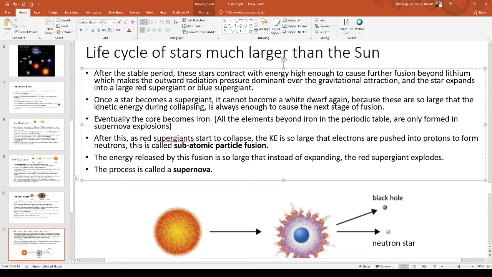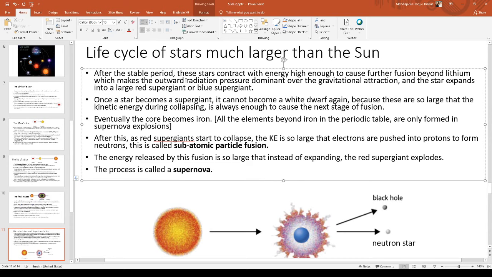Okay, so let me clarify this again. After the stable period, what's supposed to happen? Well, hydrogen is going to run out, and the star is going to contract, and when the star contracts, helium will start to fuse, and there will be a large expansion, so it will become a red giant.